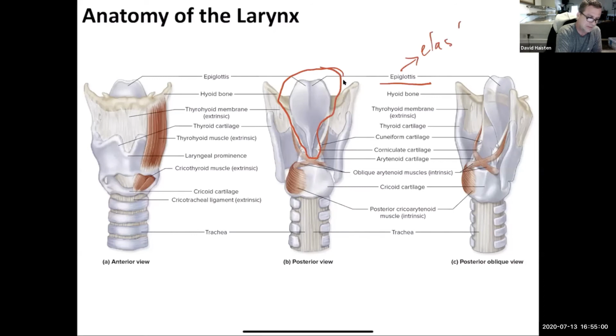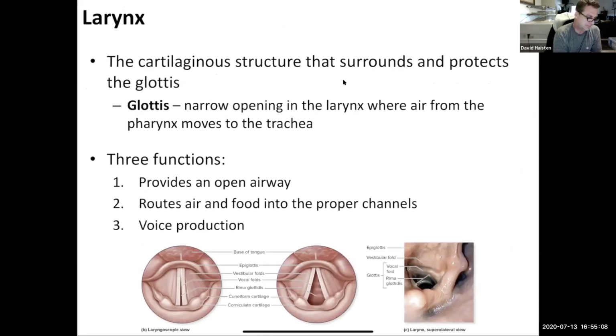The epiglottis is elastic cartilage. Okay. So the larynx, the cartilaginous structure that surrounds and protects the glottis. Glottis, narrow opening in the larynx where air from the pharynx moves to the trachea. You could kind of think of it as the entryway to the trachea, the opening.